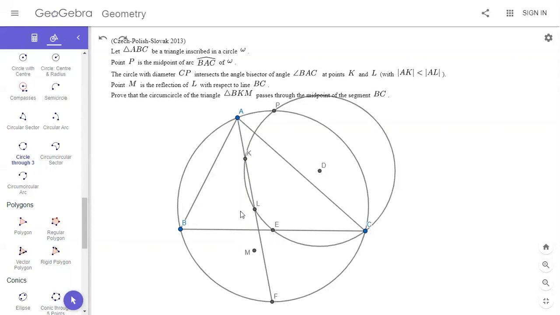Now we want to show BKEM is cyclic. Is L the orthocenter? No, L can't be the orthocenter. But I wonder if L is like the Humpty point or something. So we want to show angle MEB is equal to angle MKB.